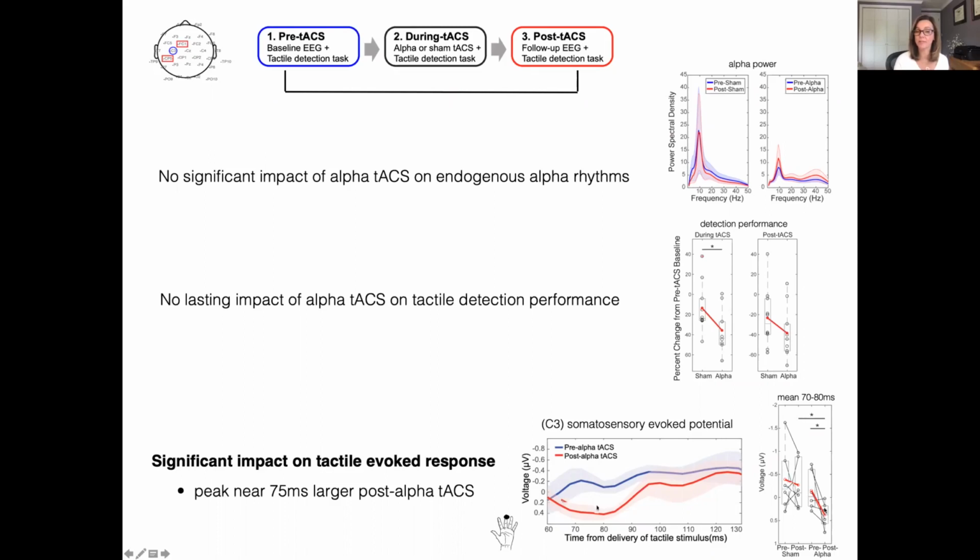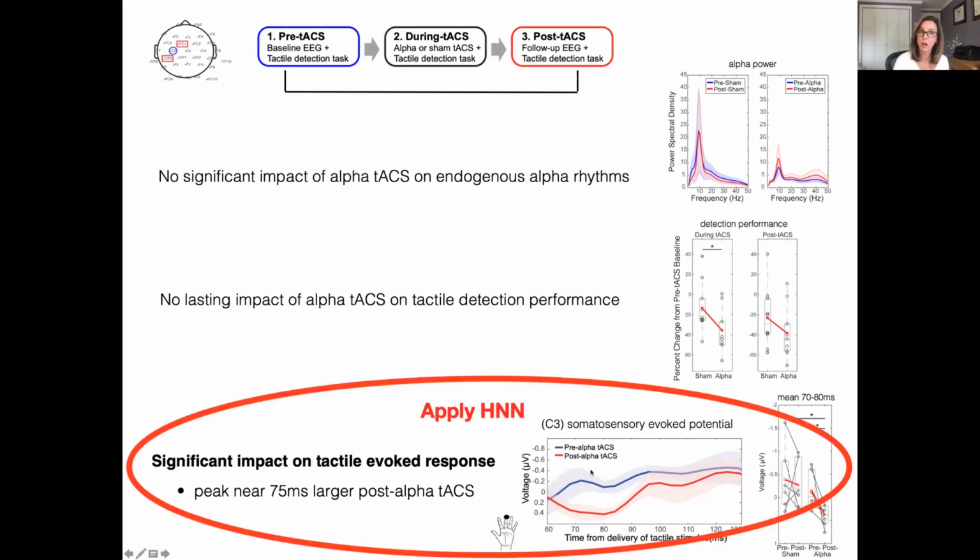And in fact, that was a significant difference if we look at the mean response between 70 and 80 milliseconds. And so this was very interesting to us. And we wanted to see, well, can we use our HNN software to interpret what it is that this alpha frequency stimulation did to the neural circuit to create this difference in the tactile evoked response.